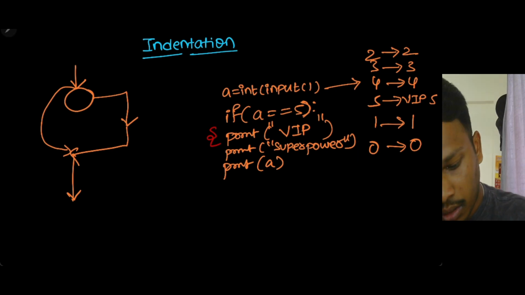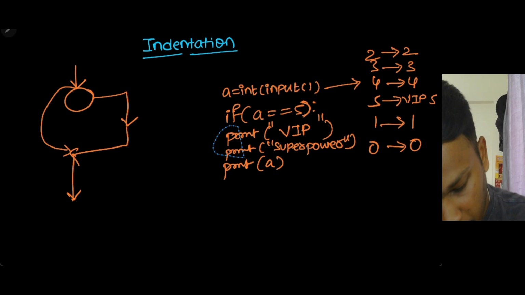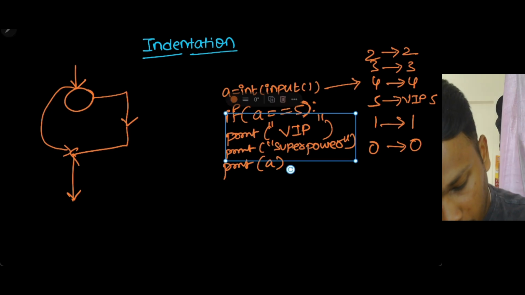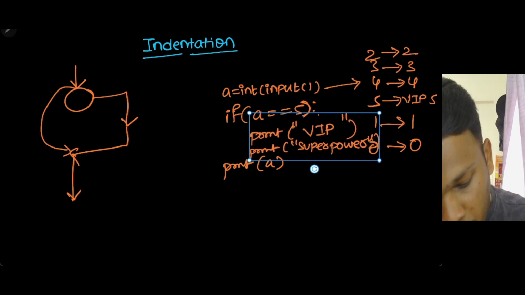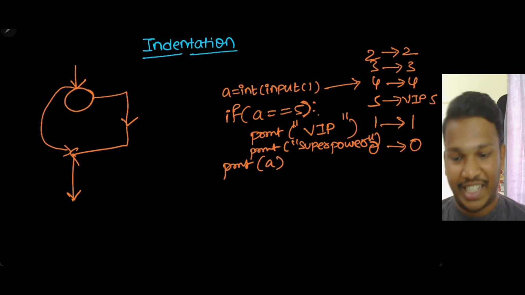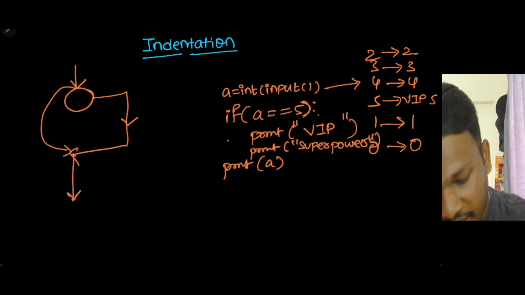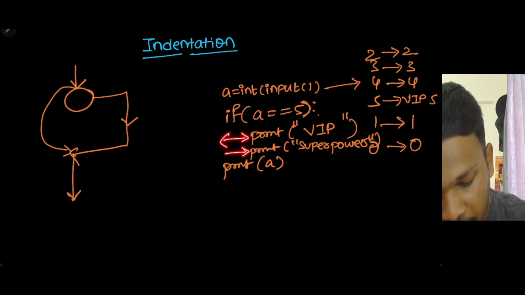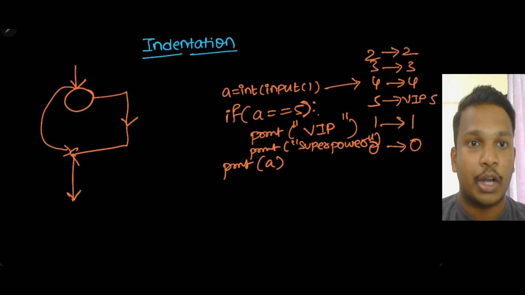See this, what they did is simple: they moved this code somewhat to the right side. This is a very beautiful thing. See this space they kept. Now see how beautiful the code is.